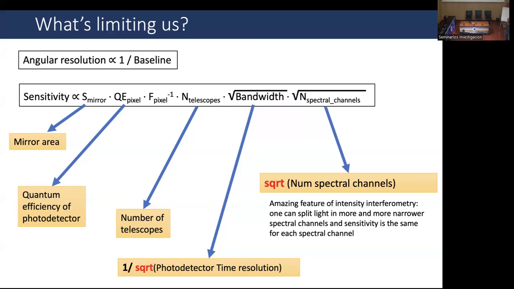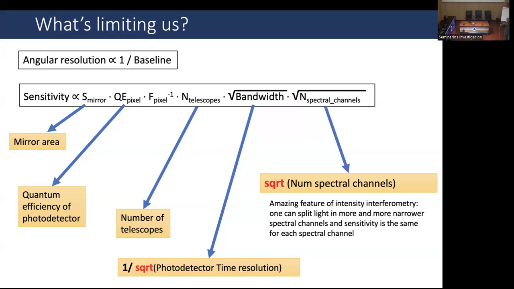It's a very nice trick. You can get the same signal with a smaller passband. That means you can add another channel taking data on the same star at the same time, at another passband of 1 nanometer, and by adding many channels, you could add the signal from all the channels.